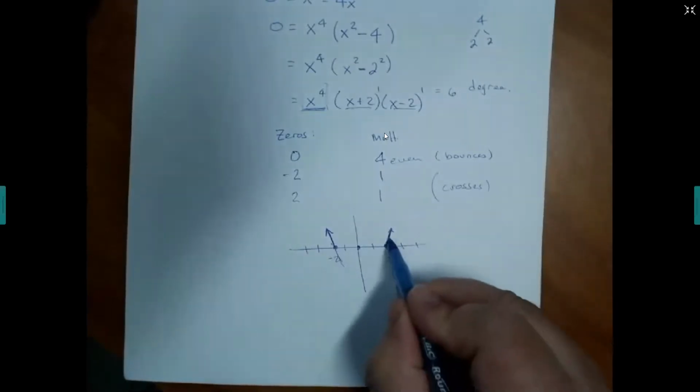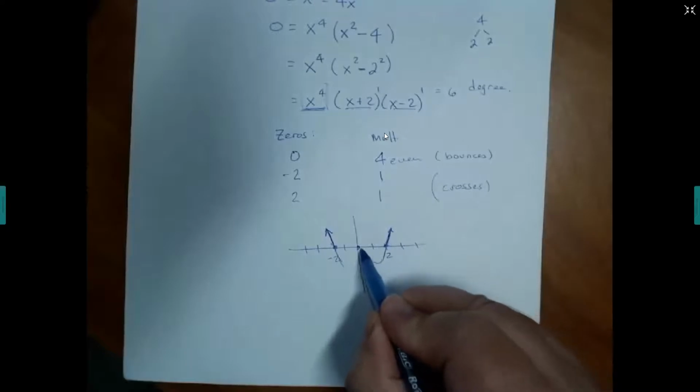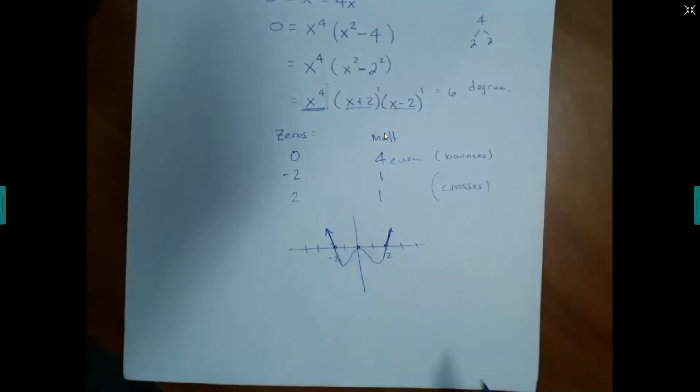So it crosses here, and it just bounces there. So it'll look something like this. So we know at our endpoints, it crosses, at 2, at -2, and at 0.